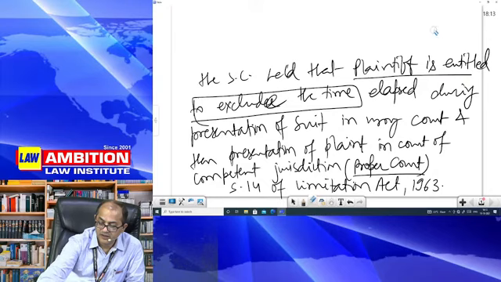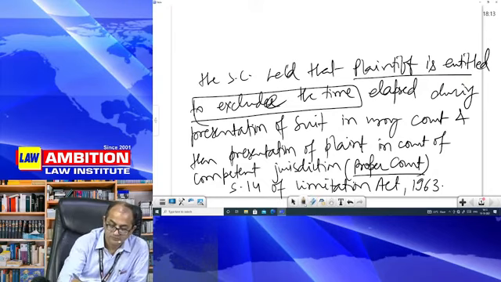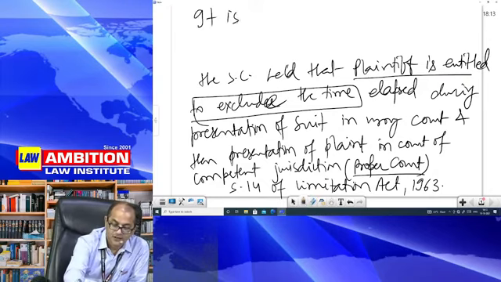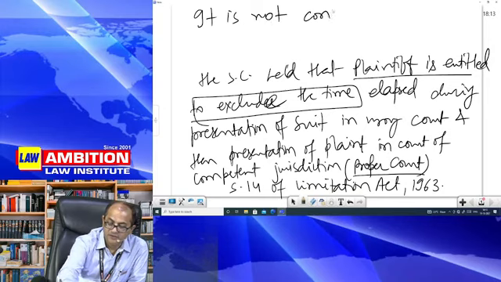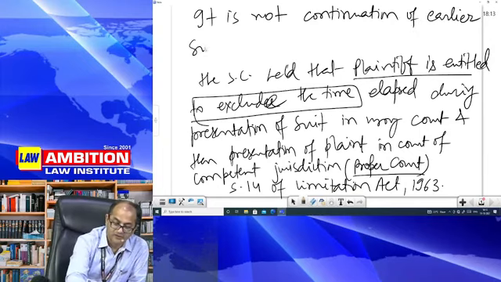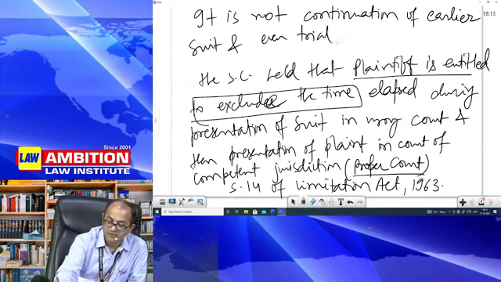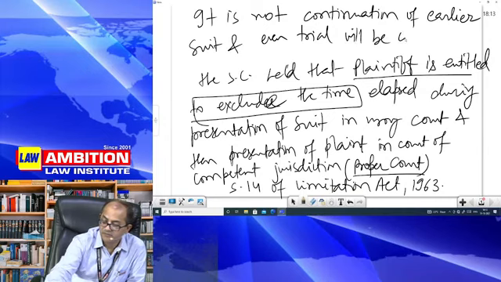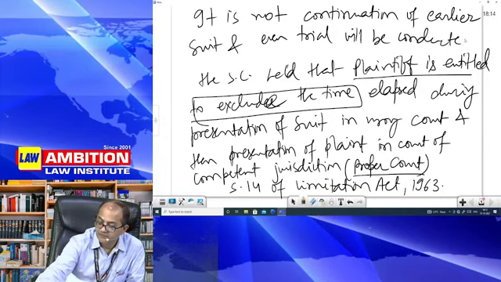So trial will be conducted de novo. It is not continuation of earlier suit because it is fresh filing of suit. It is not continuation of earlier suit, and even the trial will be conducted afresh.